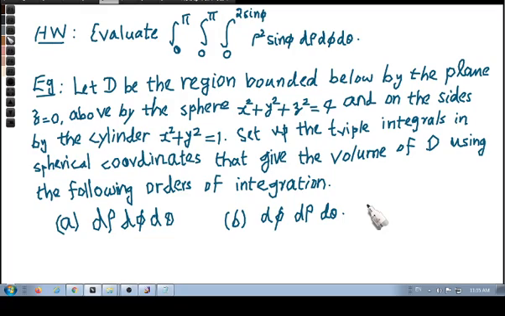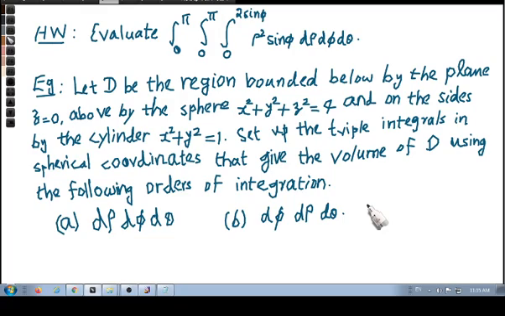So rho square sine phi d rho d phi d theta is dV, the elementary volume, and therefore the integrand here is again identically equal to 1.